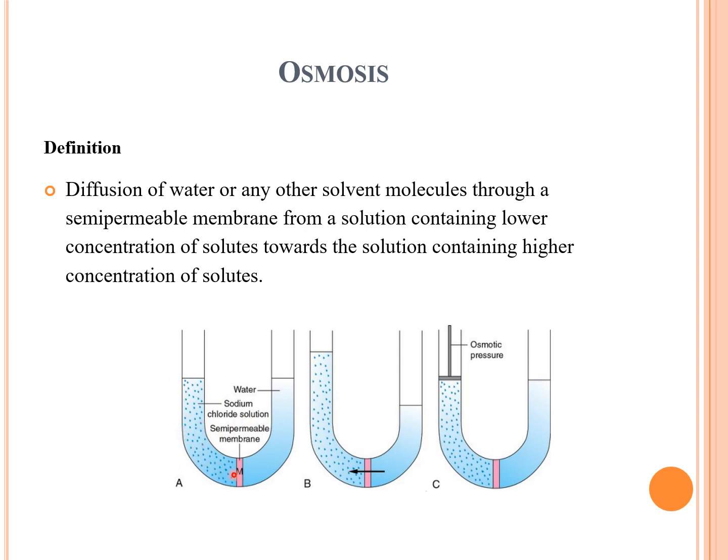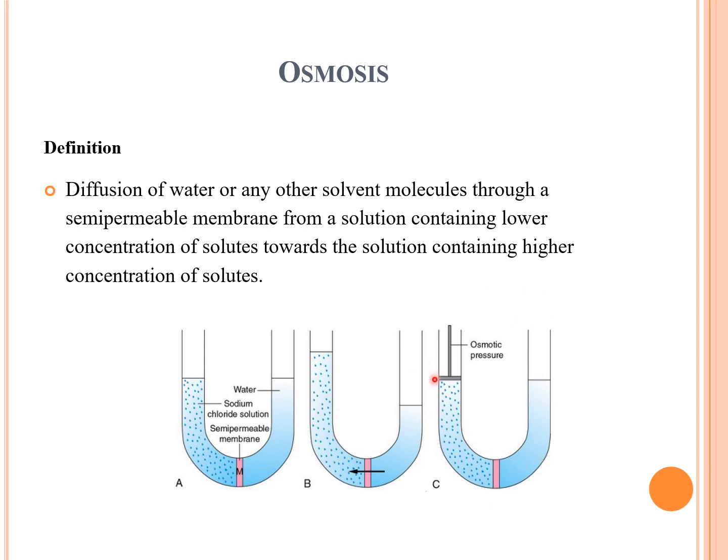So in this diagram you can see the solvent molecules move through the cell membrane from the area of lower concentration of solutes to the higher concentration of solutes, and this is called osmosis. So there is movement of water, that is, the diffusion of water from the area of lower concentration of solutes towards the higher concentration of solutes through the semi-permeable membrane. That is the definition of osmosis.